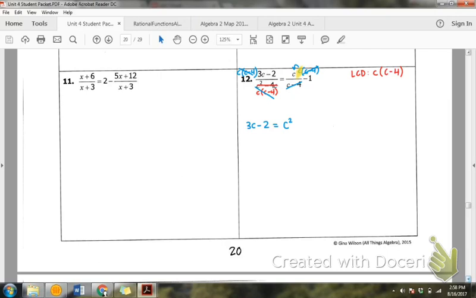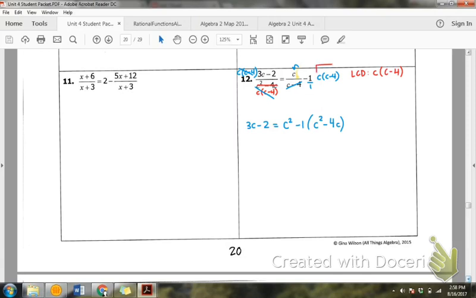What about that next one? That negative 1, if I multiply this negative 1 by c times c minus 4, is anything canceling here? No, nothing cancels it, right? So I'm going to put it back in the form c squared minus 4c. Right, because isn't that what we did originally? I just had it factored.